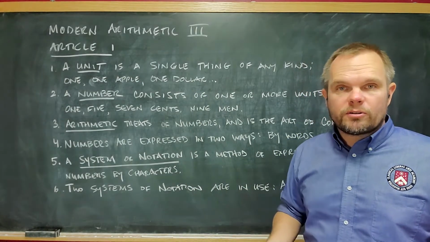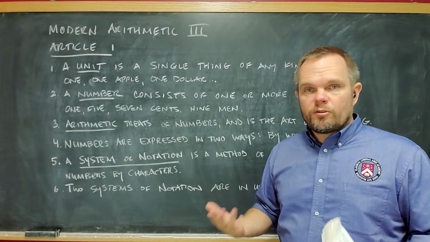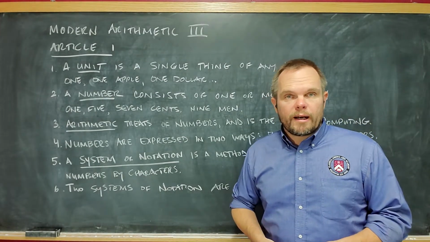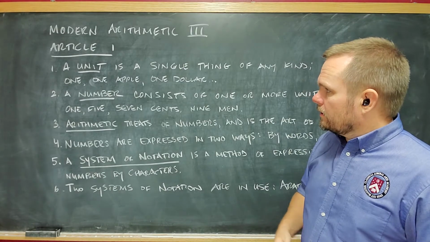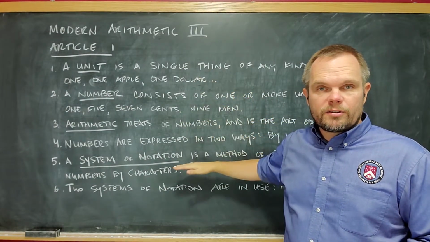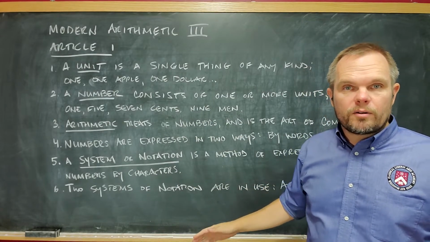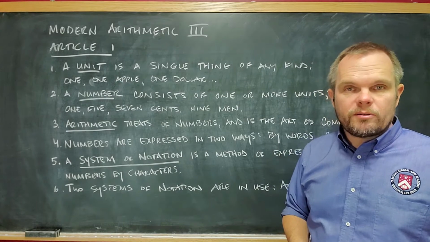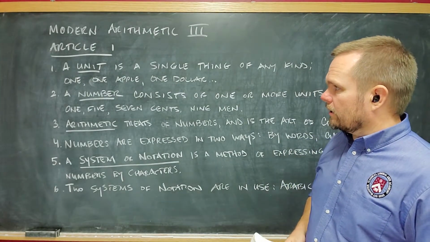And you can test yourself when you memorize. If you don't memorize, it's very difficult to test yourself and know whether you're actually learning or not. So I recommend that when we learn these definitions and rules in modern arithmetic, you memorize them, because you'll be happy you did later on in our studies.